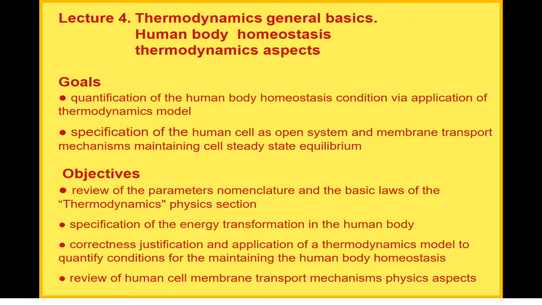And finally, it will be the review of the human cell as an open thermodynamic system. And we will deal with the physics of the transport mechanisms across the cell membrane.